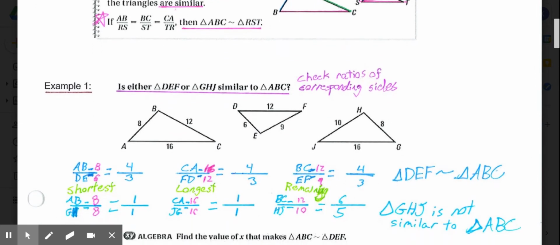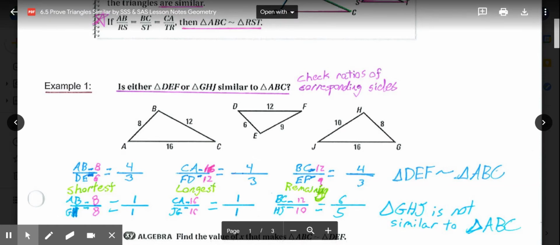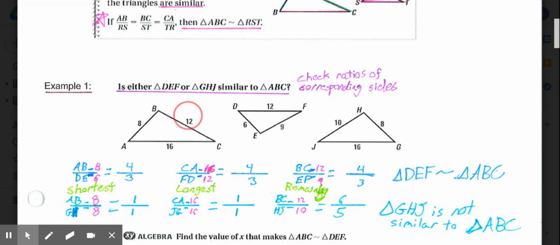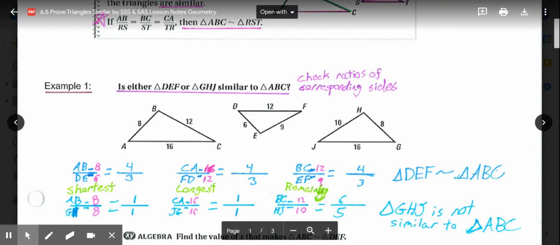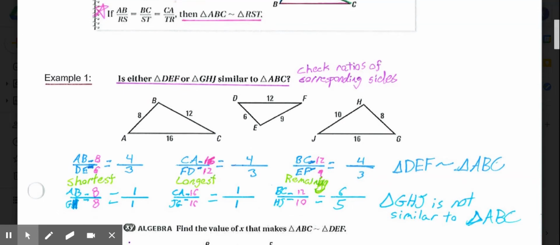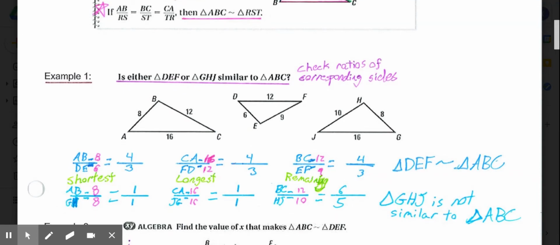Example 1 says, is either triangle DEF or GHJ similar to ABC? In ABC, I have sides of 8, 12, and 16. Let's first look at DEF. What we want to do is check corresponding parts.